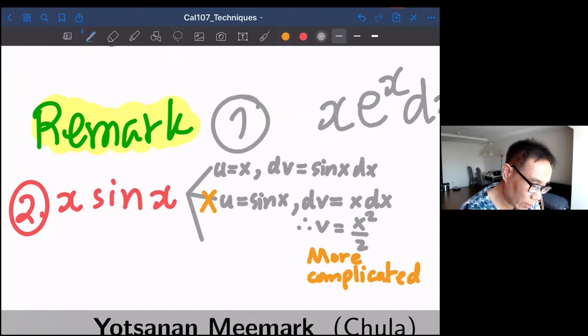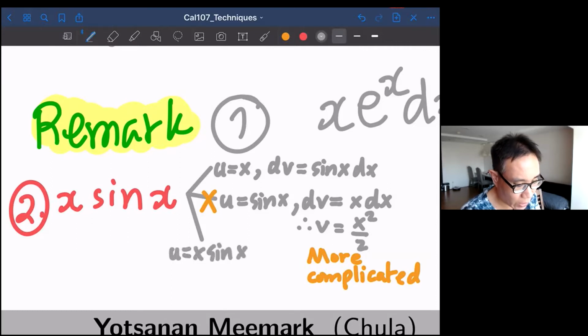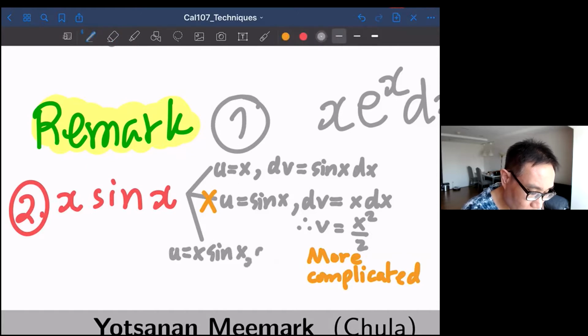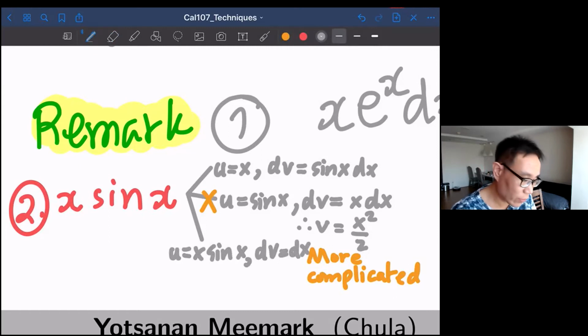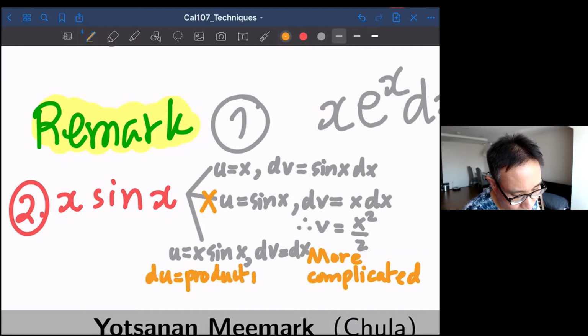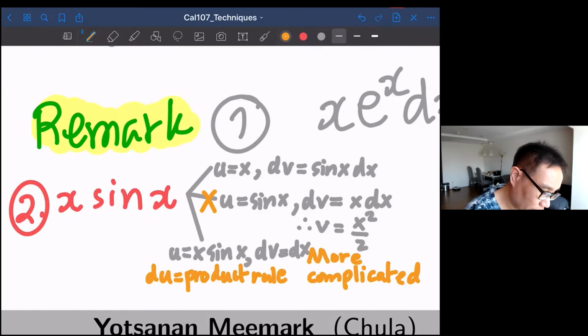And last one, you have u equal to x sin x and dv equal to dx. So in this case, you're going to see that you're going to have du by the product rule. So this one also is more complicated.